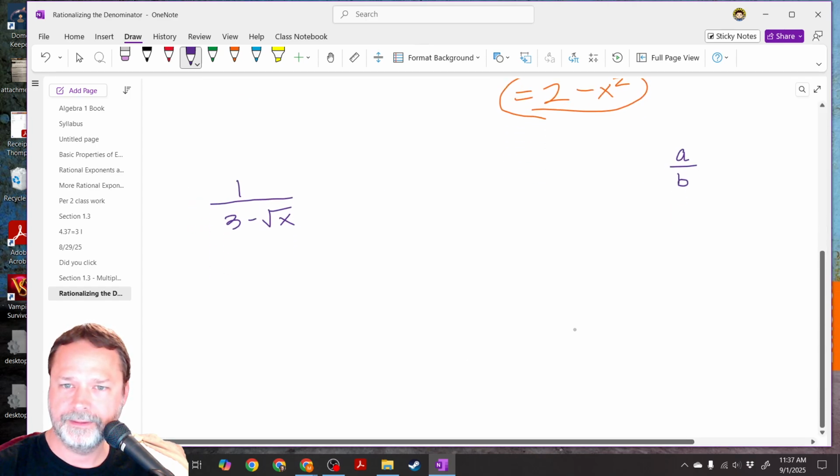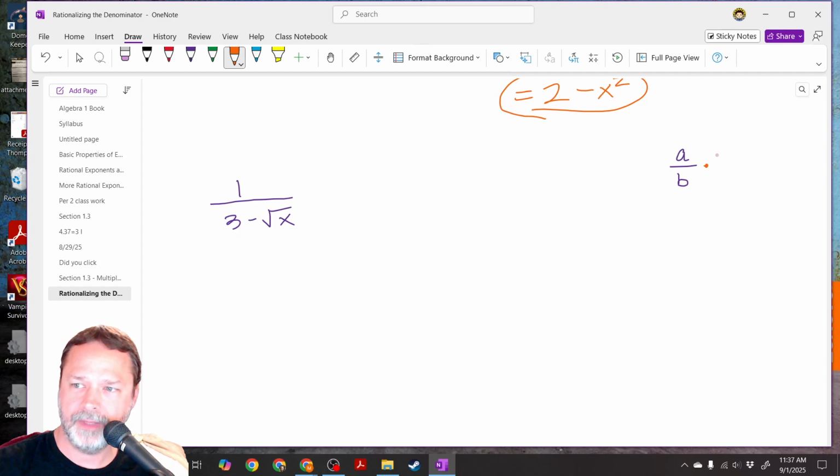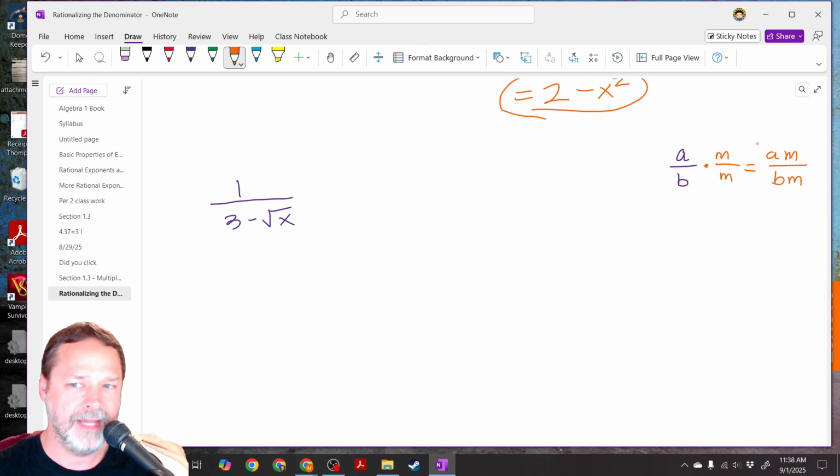If you have a over b, we can multiply top and bottom by the same thing, and we get an equal result. It's going to look different, but it will have the same value.